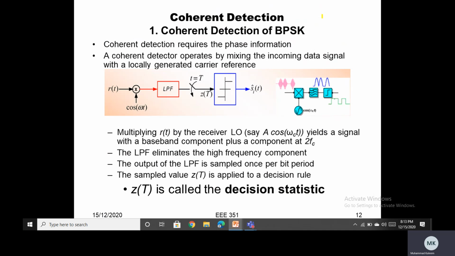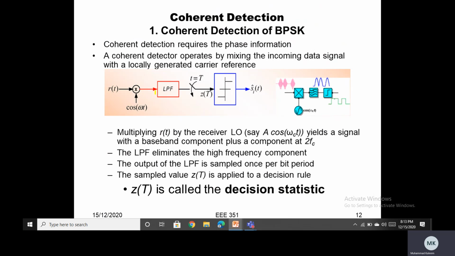So coherent detection requires the phase information. A coherent detector operates by mixing the incoming data signal with the locally generated carrier reference. So r(t) is our incoming data, and this is a local oscillator which has exactly the phase information of what was transmitted at the transmitting side.